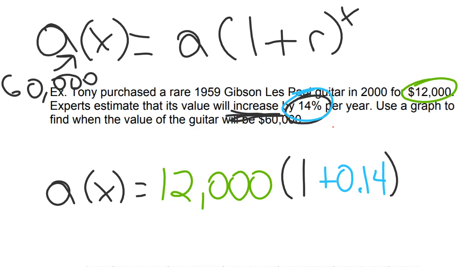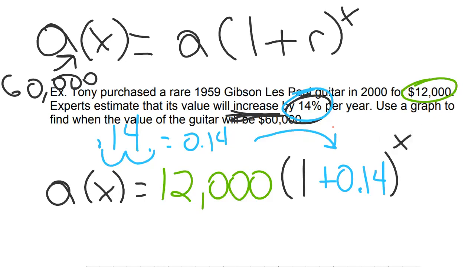To turn a percentage into a number that we can work with, we move the decimal 2 spots to the left. So if I had 14%, I move my decimal 1, 2, put it here, and that gives me 0.14, which is what I plugged in right here. And for right now, since we're just doing it in general, we'll throw an x in there.